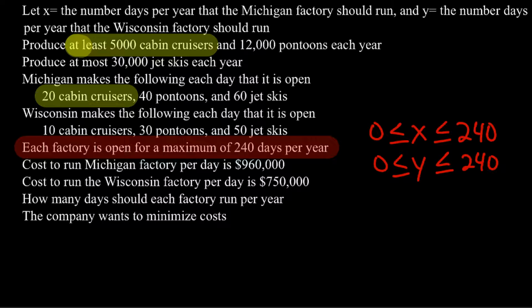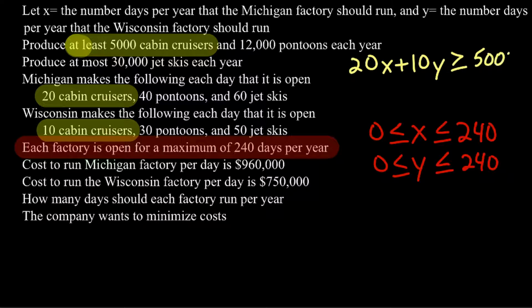So if we think about writing an inequality for that, we take the number that Michigan makes per day, 20, and multiply that by the number of days that Michigan is open, and add to that the number that Wisconsin makes per day, 10, times the number of days that Wisconsin is open. That number needs to be greater than or equal to 5,000.